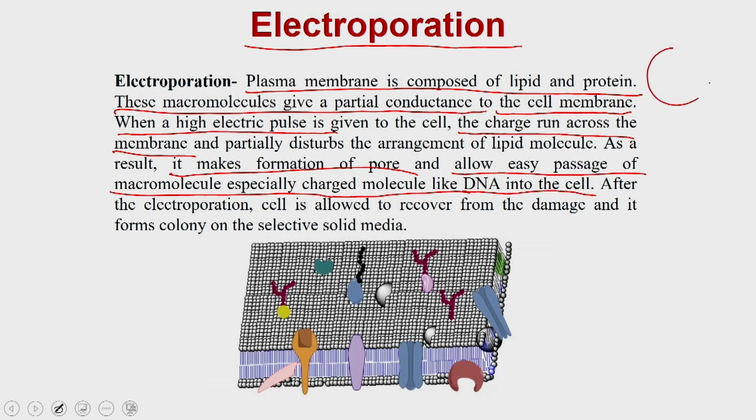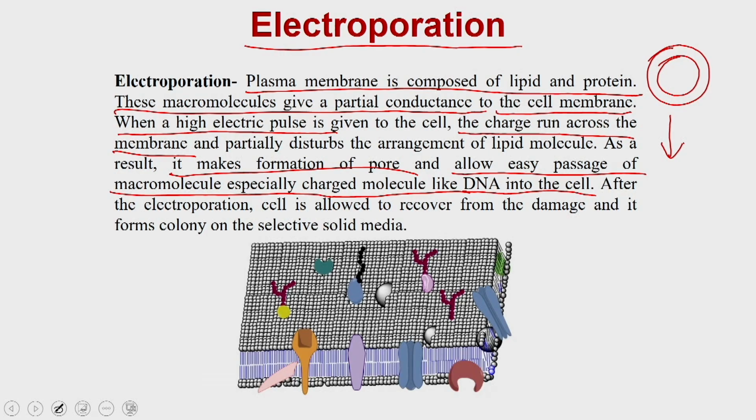So, this is the plasma membrane, and it has proteins and lipids, and because of the protein and lipid, it has some charge on the membrane. But when you provide the charge to this, it actually swells, or it provides some kind of pores.